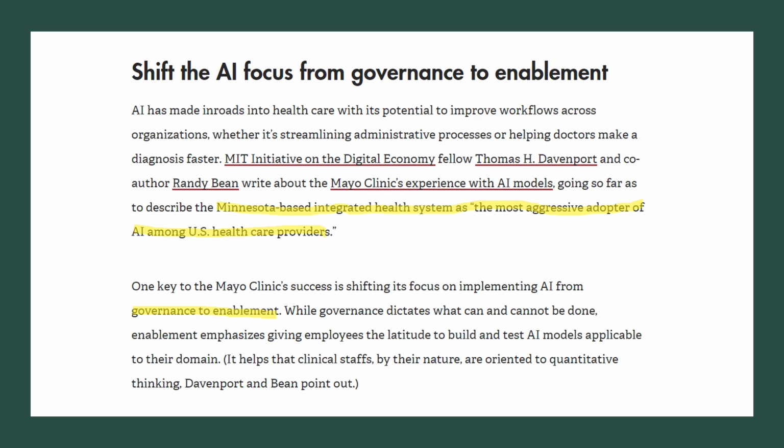While governance dictates what can or cannot be done, enablement emphasizes giving employees the latitude to build and test AI models applicable to their domain. It helps that clinical staff by their nature are oriented to quantitative thinking, as Davenport and Bean point out.